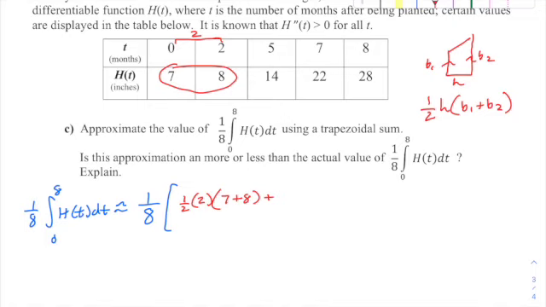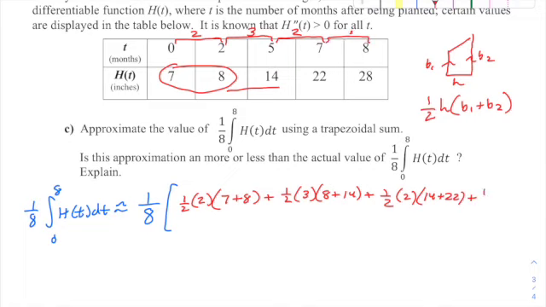Hopefully by this time when you're doing FRQs in preparation, you're pretty comfortable with things like trapezoidal rule, because it's going to be there, and it's really not too bad if you practiced it. 1/2 for the next trapezoid, that delta x, that height of 3, and those bases are 8 plus 14, plus 1/2 the next width, which is 2, and the sum of those bases are 14 and 22. And the last trapezoid is just a delta x of 1, and the sum of its bases are 22 and 28. A little scrunched in there on the end.